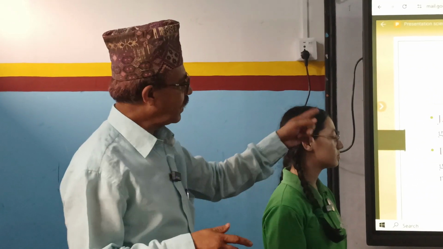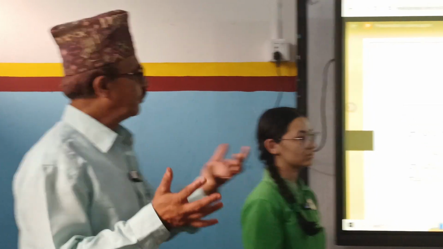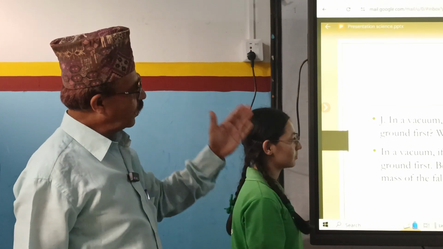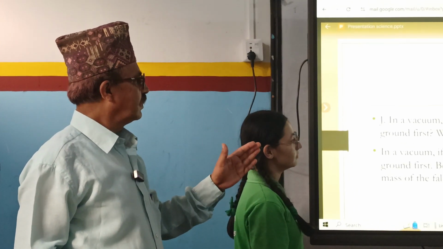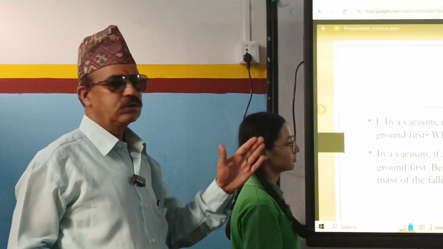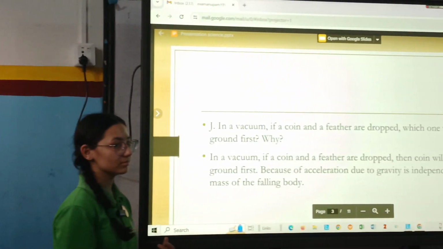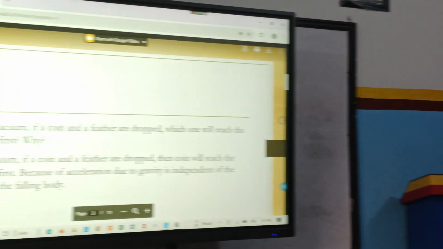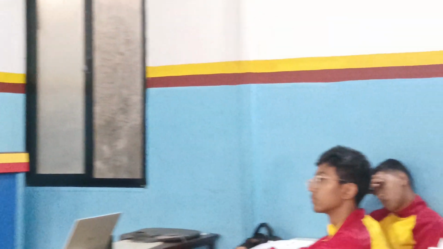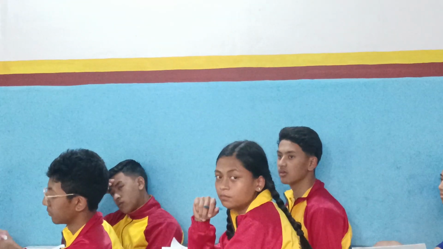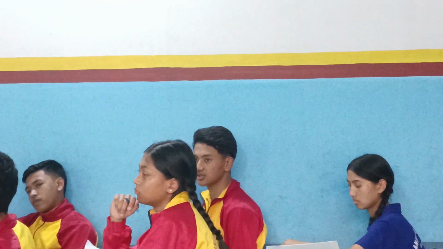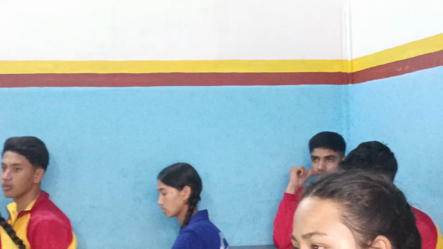Vacuum means there is no resistance. If no resistance, then both the coin and the feather reach the ground together at the same time. Okay, you have to correct. Both will reach the ground together because there is no resistance. Vacuum means there is no medium. That condition where there is no medium is called vacuum. So remember.